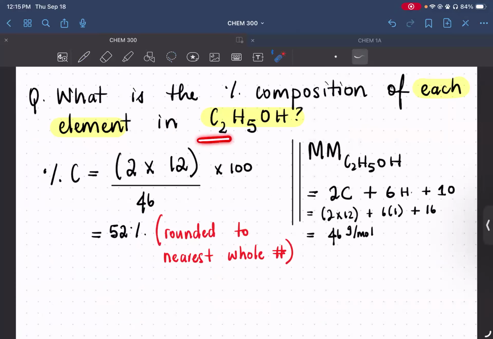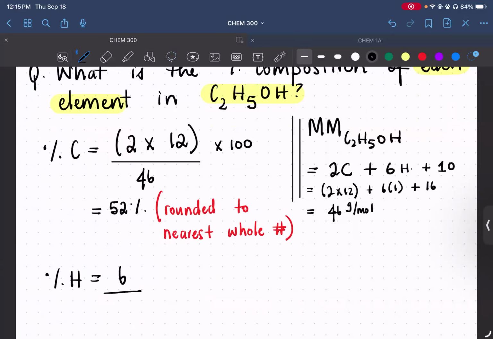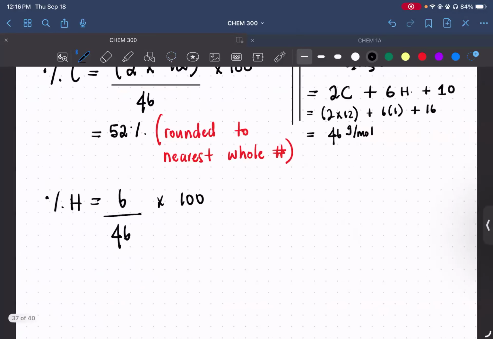After carbon, we have hydrogen, of which there are 6. 6 times 1 is 6. We already have the molar mass, 46 times 100. Put this in our calculator, we get 13%. Remember that percentages are traditionally rounded to the nearest whole number.